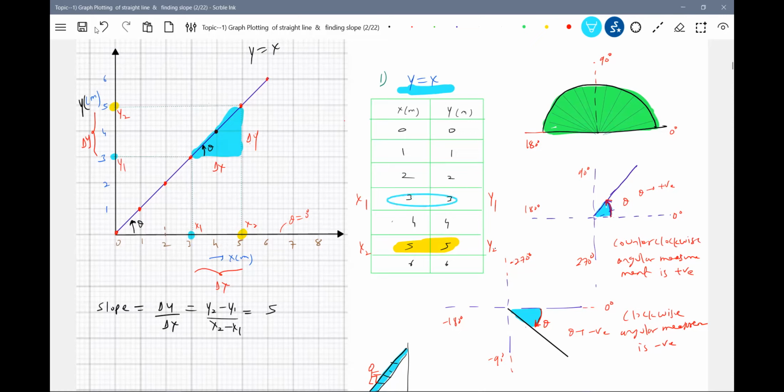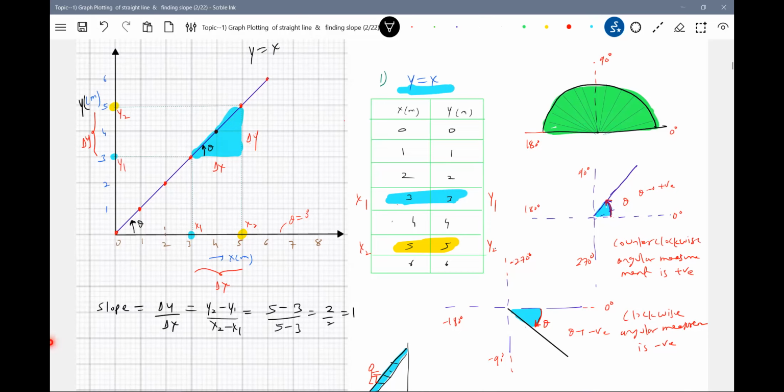When x1 equals 3, what is the corresponding value of y? 3. When x equals 5, what is the corresponding value of y? 5. So 5 minus 3 by 5 minus 3, so this will be 2 by 2, which is 1. I got slope equal to 1.